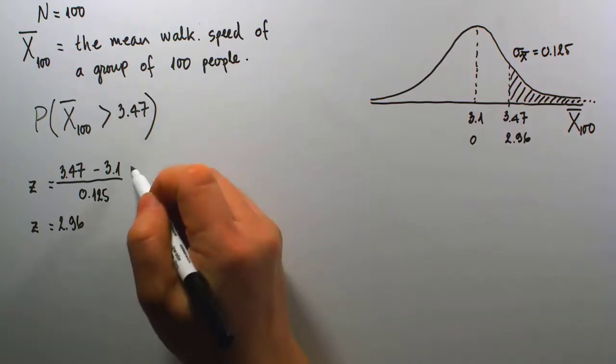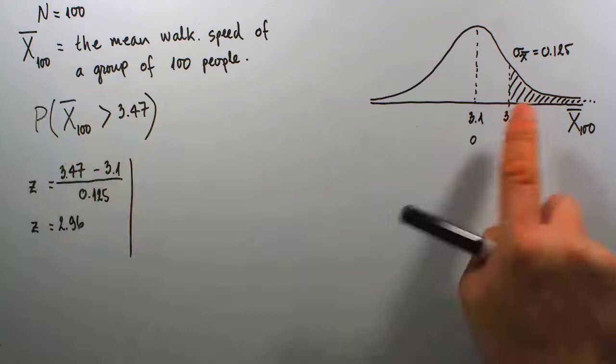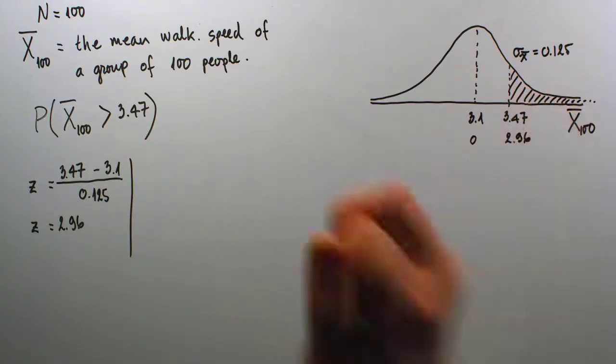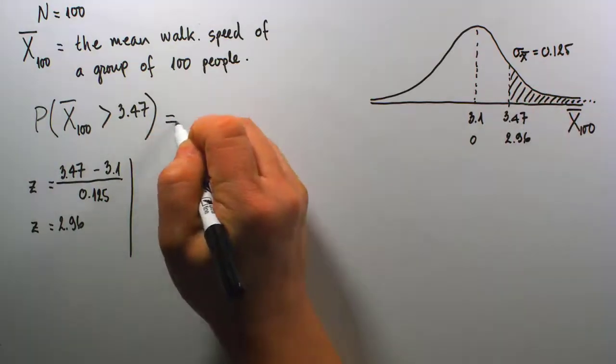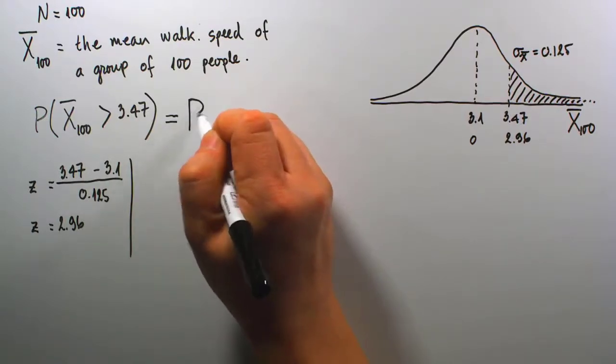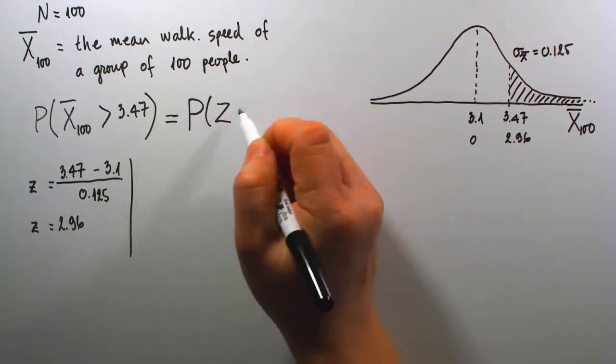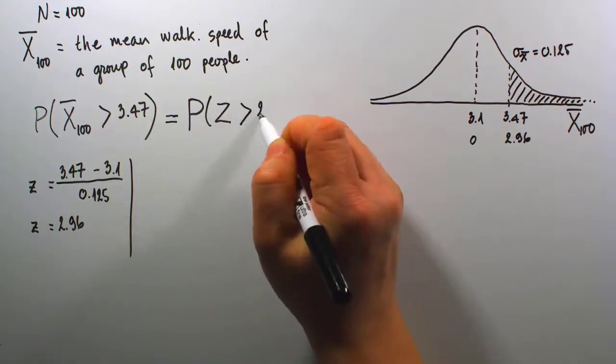And so that means the answer to this probability question, or the answer to how big this area is, would be exactly equal to the answer to the probability question where on the standard normal distribution we're looking for z-score above 2.96.